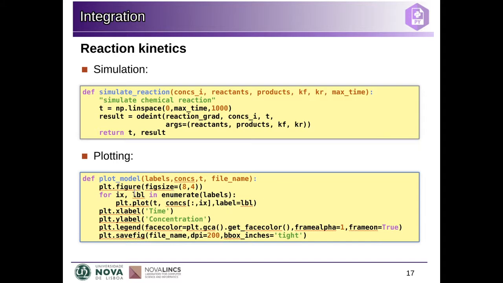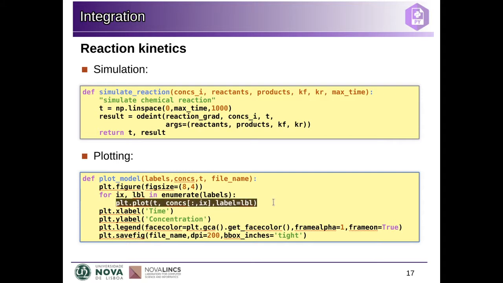So in this case, we need the labels, which are the names of the species, and we also need to know which column they correspond to. So we can use the enumerate generator here that will give us both the index and the value of this set. So with index 0, the first label, with index 1, the second label, and so on.